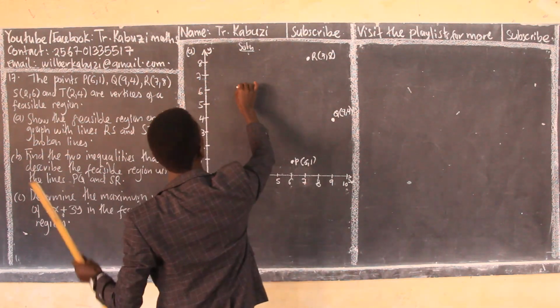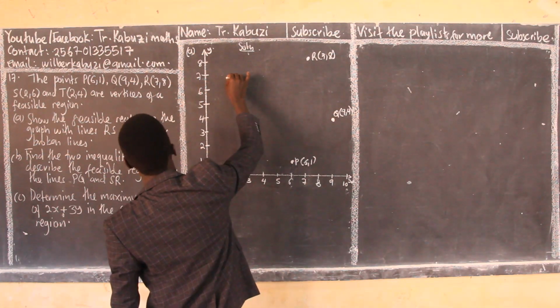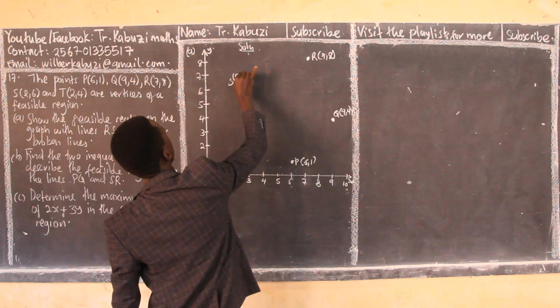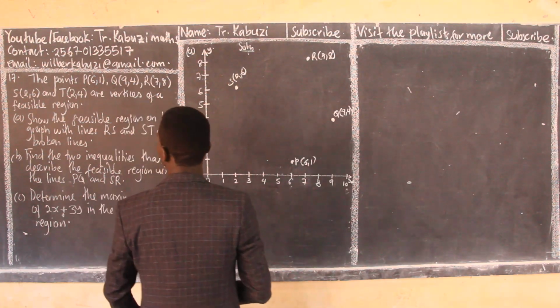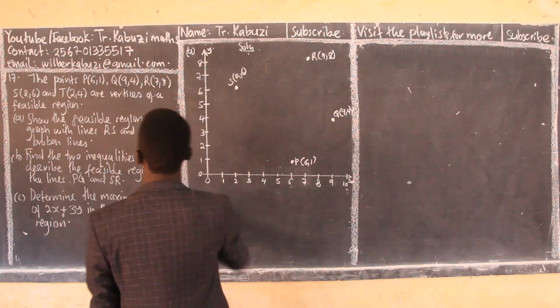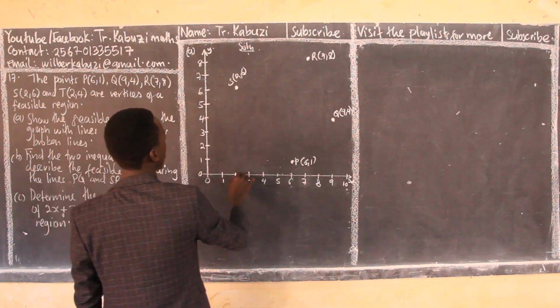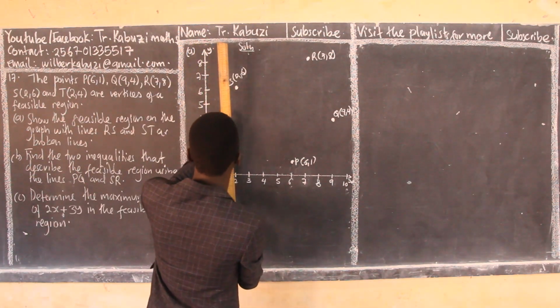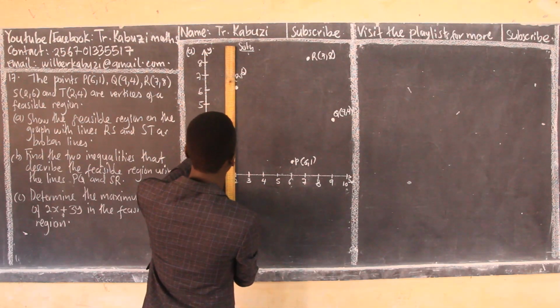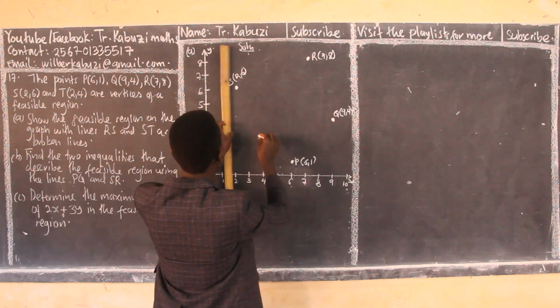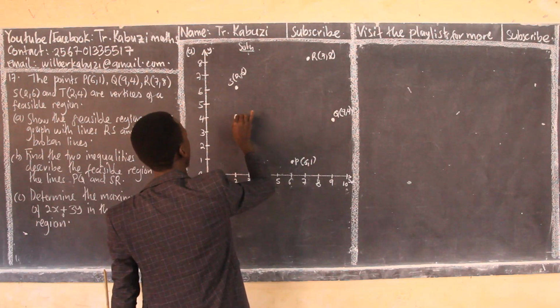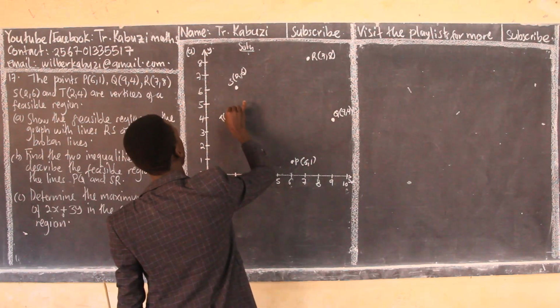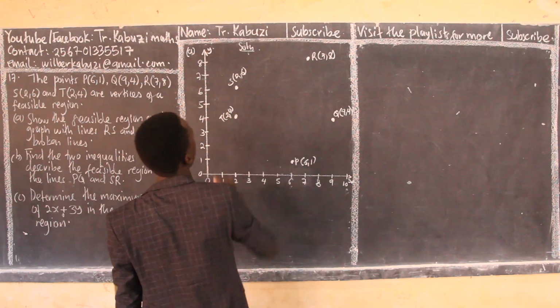This is my point S, 2, 6. Then I go to my point T, which is 2, 4. 2, 4 is somewhere there. This is my point T, 2, 4.